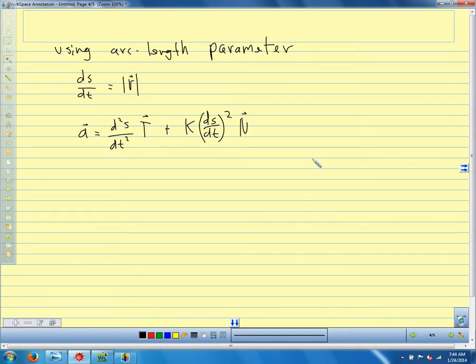So if we're expressing everything in terms of the arc length parameter, this would be the expression you would see for acceleration along the curve.